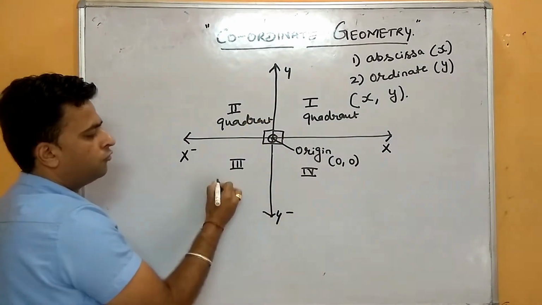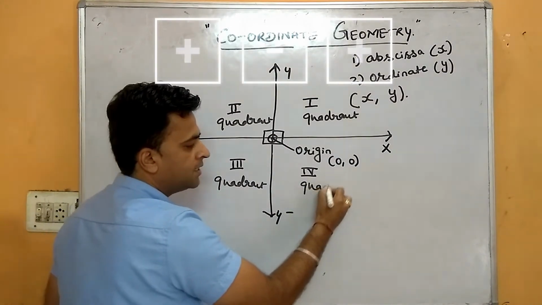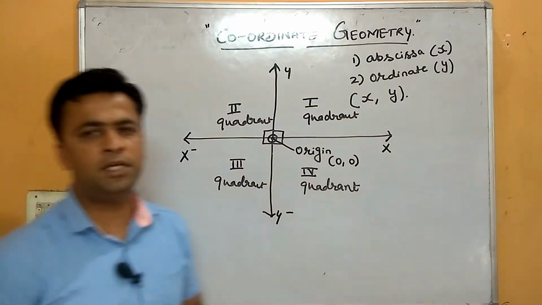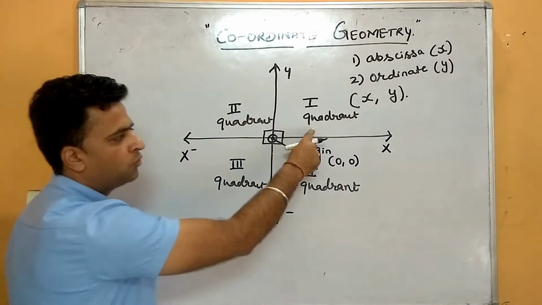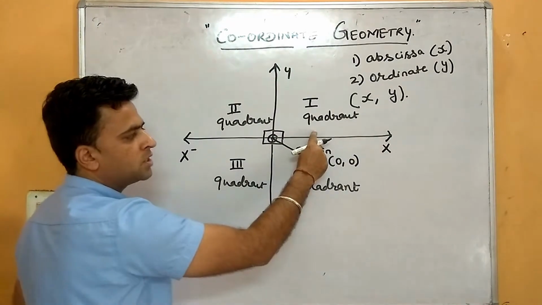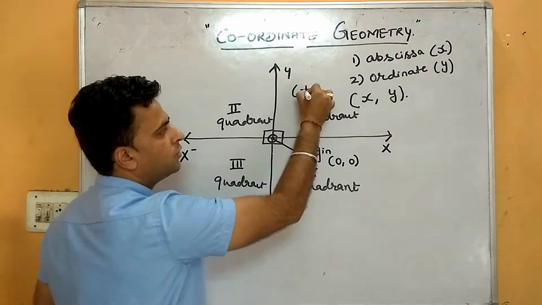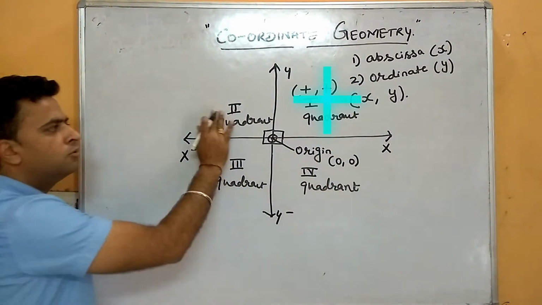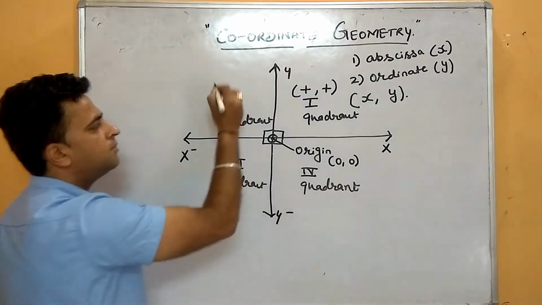But the question arises, in which quadrant is the value of x positive and the value of y positive, and in which quadrant are these values negative? In the first quadrant, x is positive and y is also positive. When we move to the second quadrant, the value of x is negative and the value of y is positive.